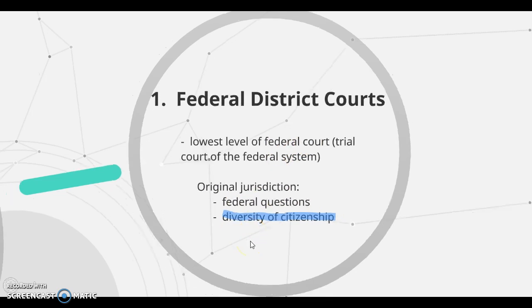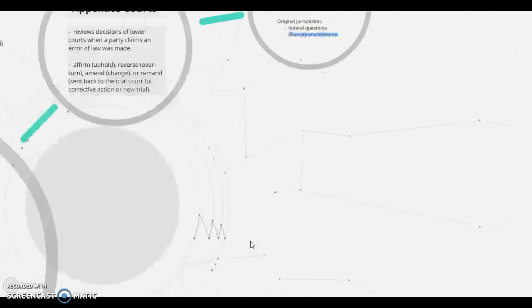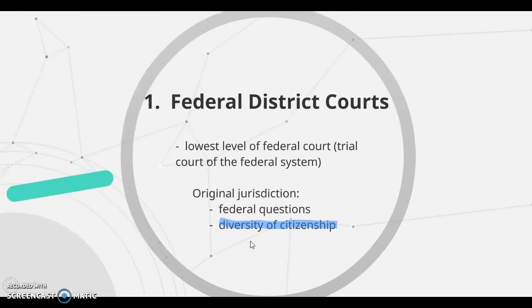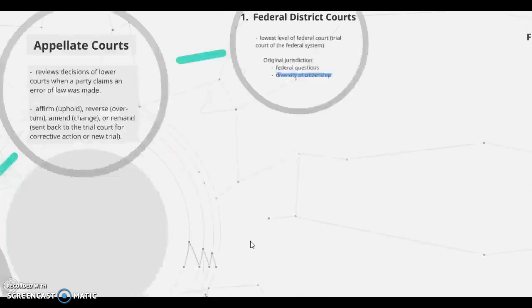Diversity of citizenship means that you have parties that are from 2 different states. So somebody in Indiana is suing somebody in California. In order to be fair to both parties, the federal district court gets involved rather than the Indiana state court or the California state court. In those situations, that's called diversity of citizenship.